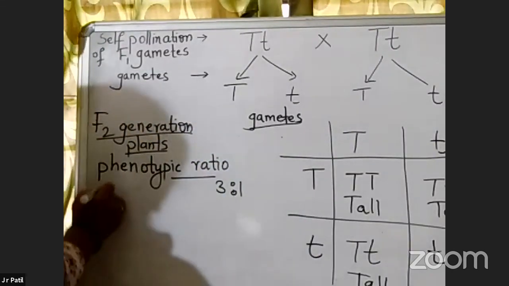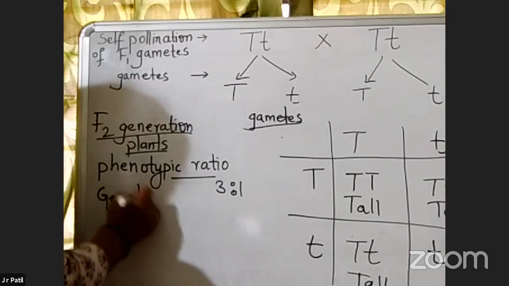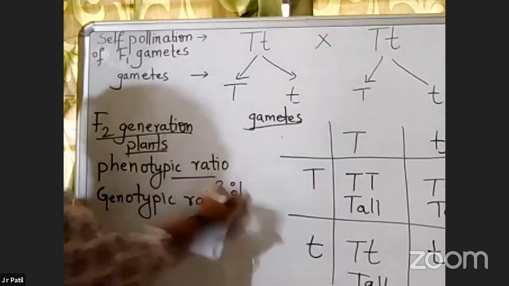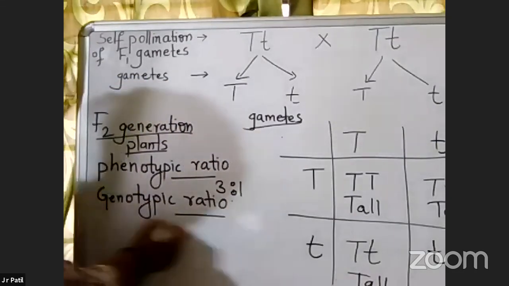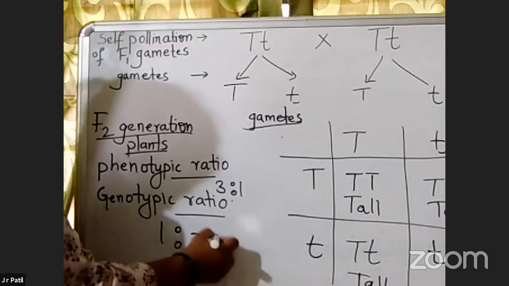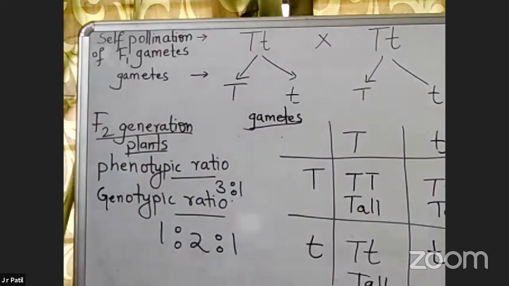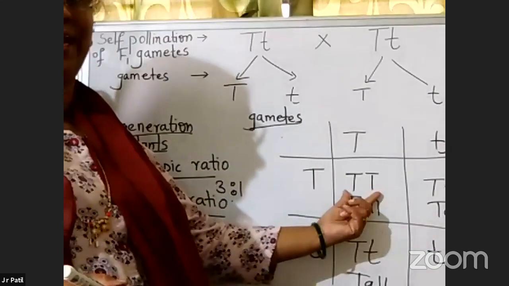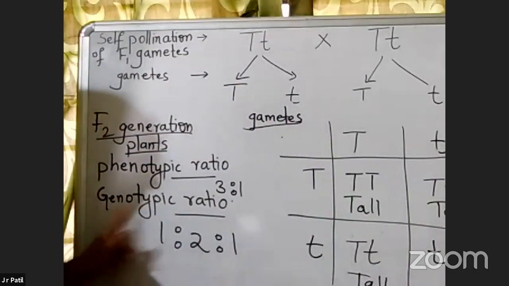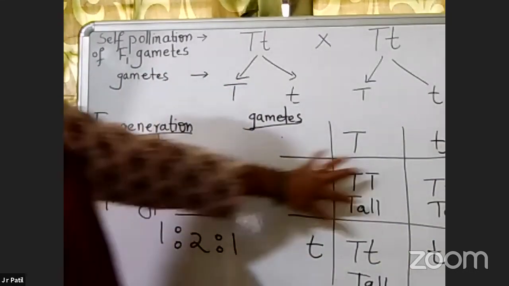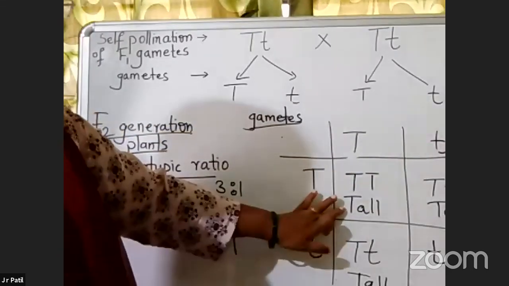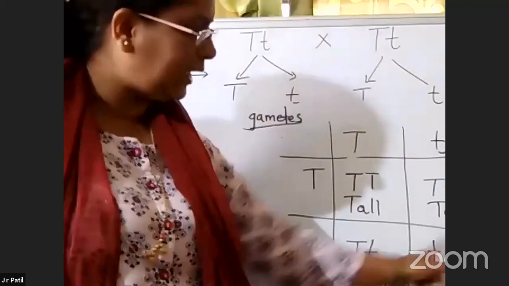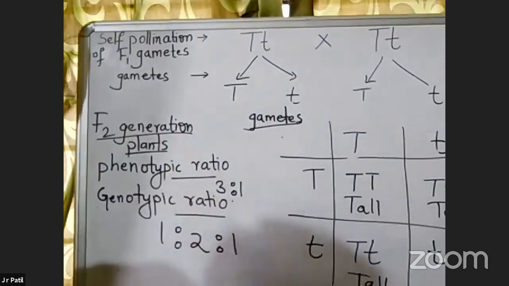But there is another ratio called the genotypic ratio, the genetic constitution. It is 1:2:1. Why, I will tell you. The pure gametes, totally capital T, is only one plant. That I have written as 1. Now look at the last one: totally small t is one plant.